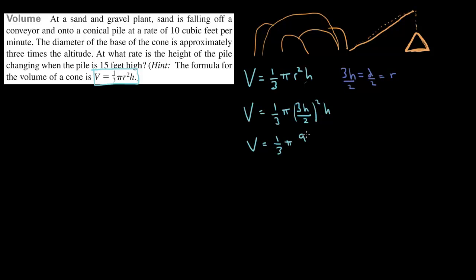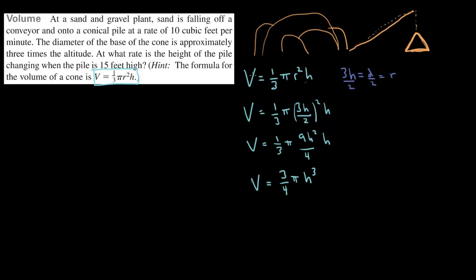That's 9h squared over 4, if you square the top and you square the bottom, times h. So volume equals what? That's a 9 over 12. So that's going to be, let's see, 3/4 pi times h cubed.